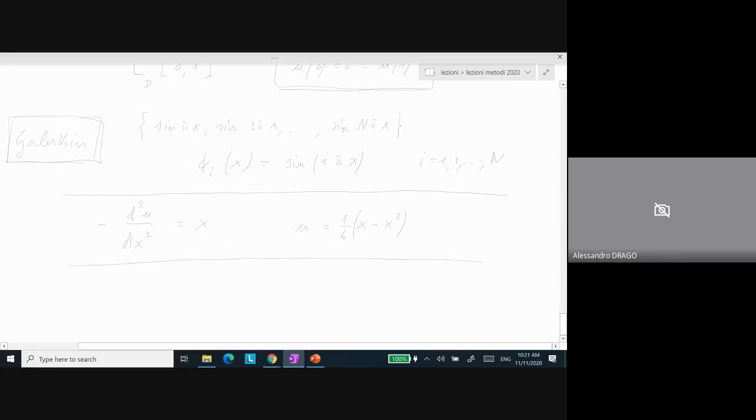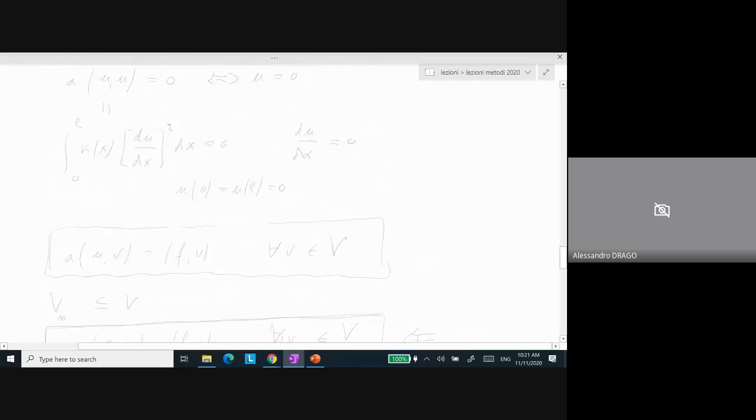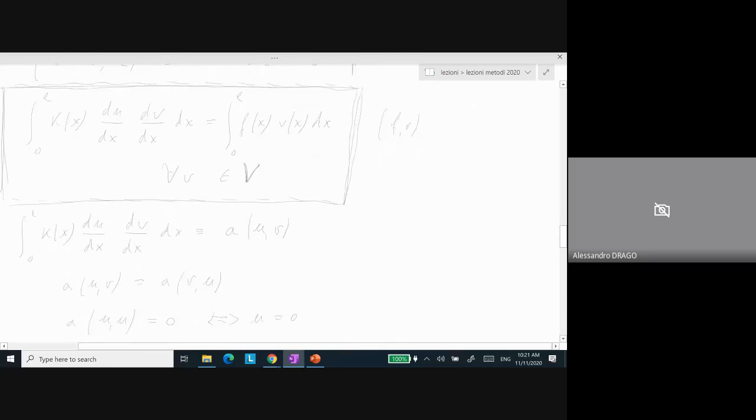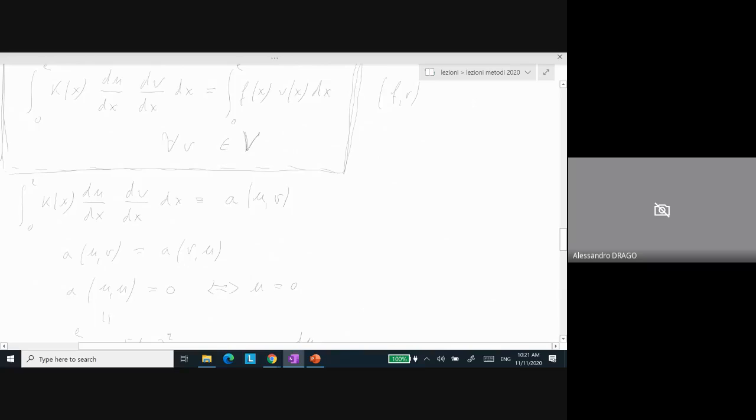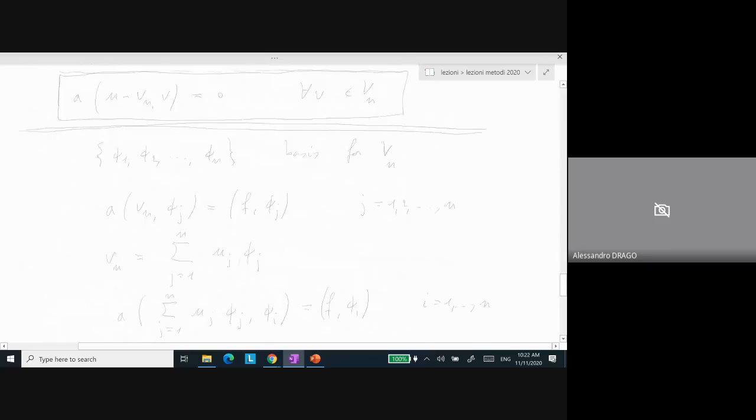So what do we have to do now if we want to use this Galerkin technique? Well, first of all, as you recall, we have to introduce this scalar product A. Let me remind you, this A corresponds to this object here, and this object is made by using the function k. But in our case, the function k is just equal to 1, so it becomes very trivial.